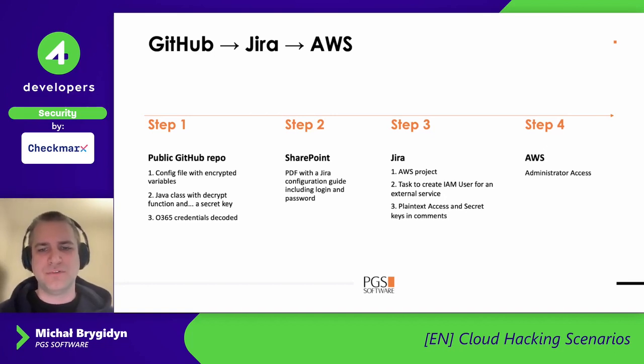It was a vulnerability scanner or something like that, and there was a plain text comment in that task with access and secret key. That easy. Okay, let's try. And when I tried this combination, oh, that user is admin on that account. Thank you.